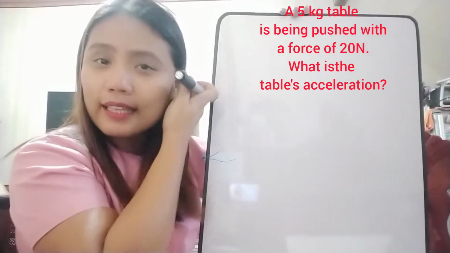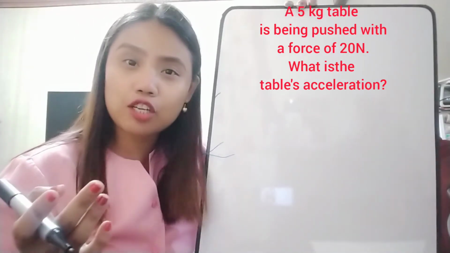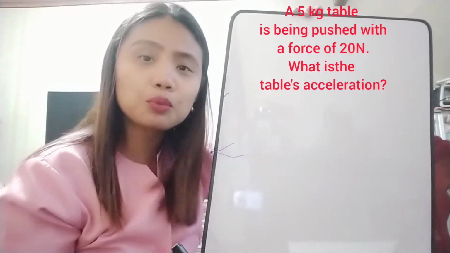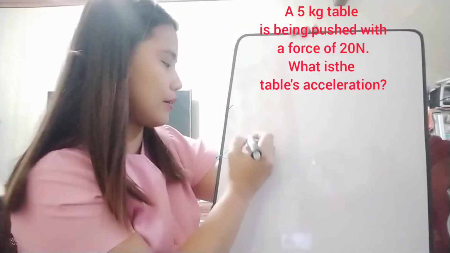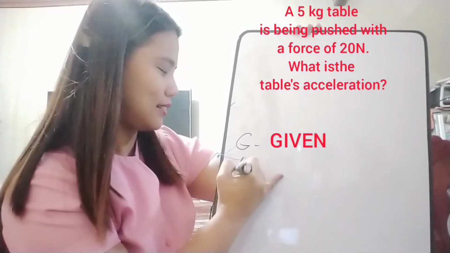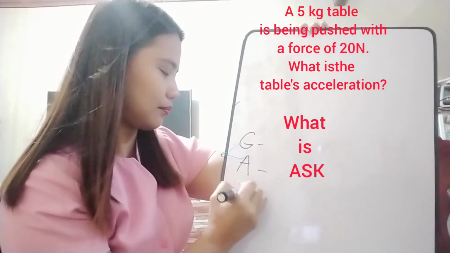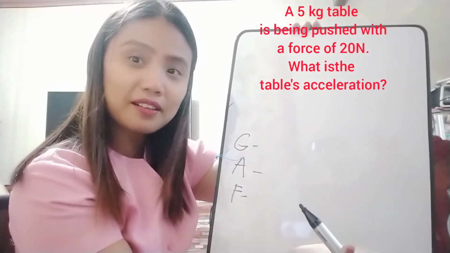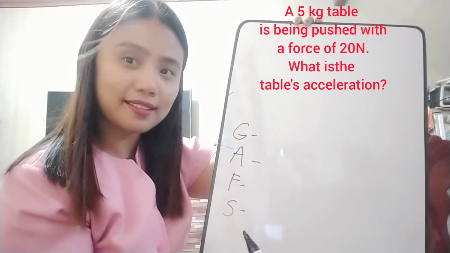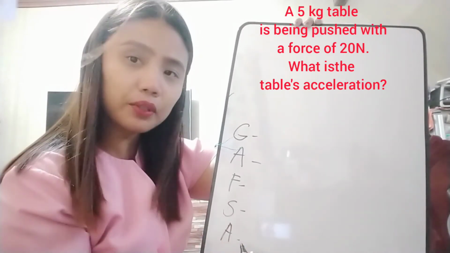Remember that in our discussion about the computation of acceleration on the previous video lesson, we have learned to use the mnemonics GAPSA, wherein we have G, which stands for the given, A stands for what is asked, F stands for the formula, S stands for the solution, and finally, A stands for the answer.